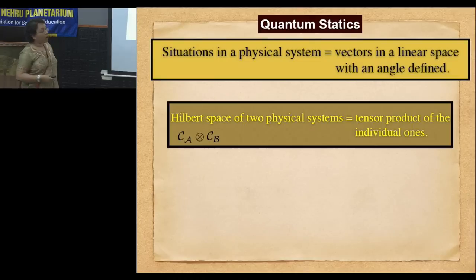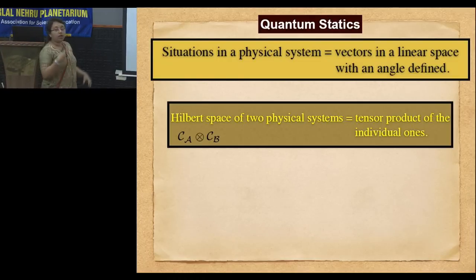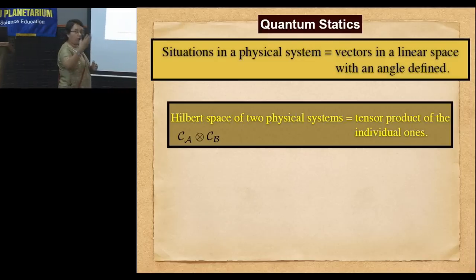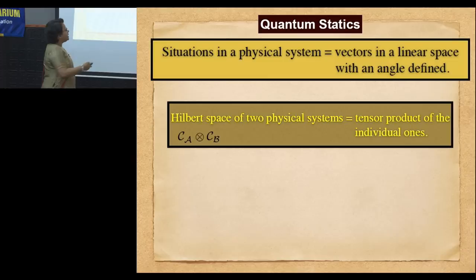Now I need another concept: if I want to describe 2 or more physical systems, then I have to consider the tensor product of the individual Hilbert spaces, which is denoted by that.